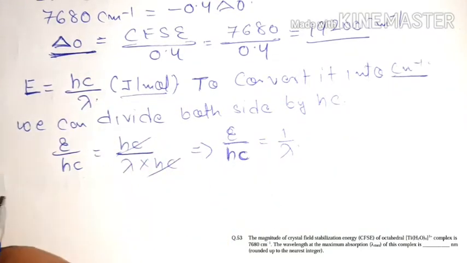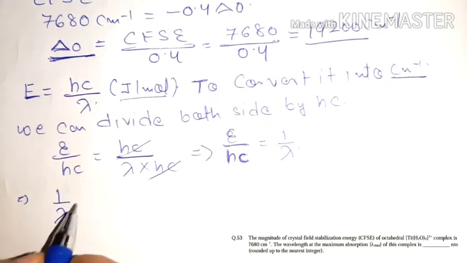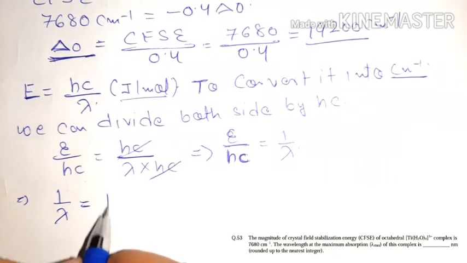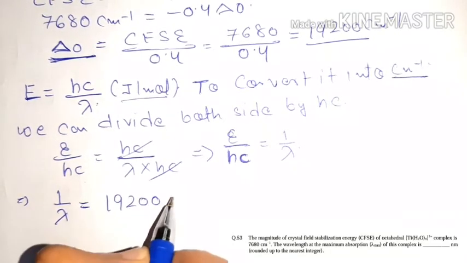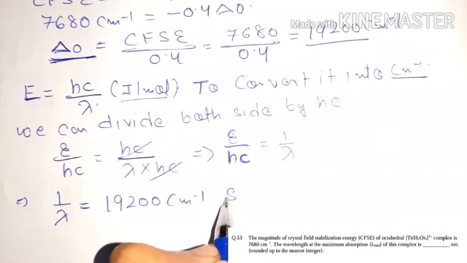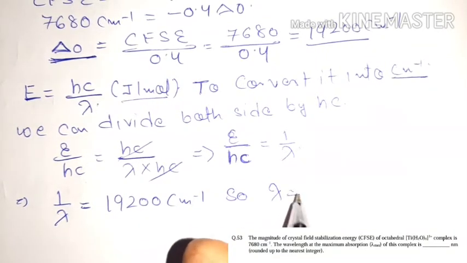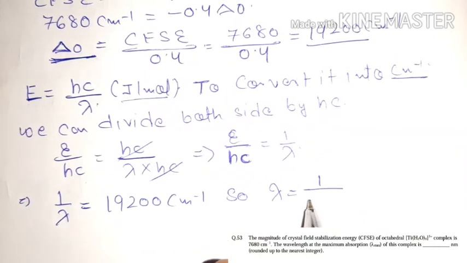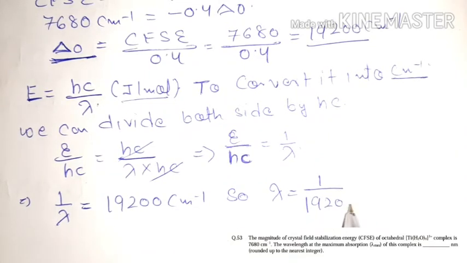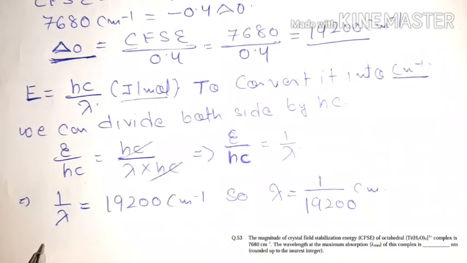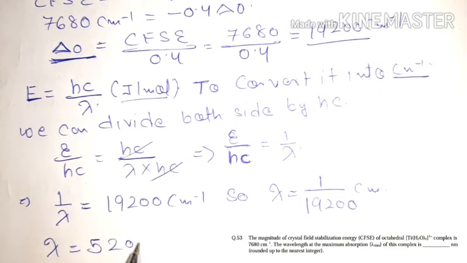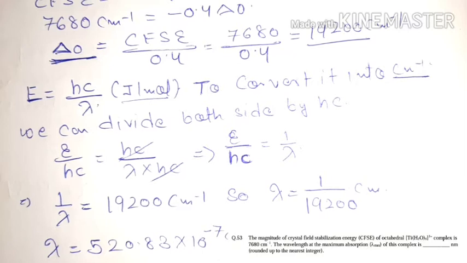So here 1 by lambda is equal to ΔO, which is 19200 centimeter inverse. So from this your lambda will be 1 upon 19200 centimeter. So lambda is equal to 520.83 into 10 to the power minus 7 centimeter.